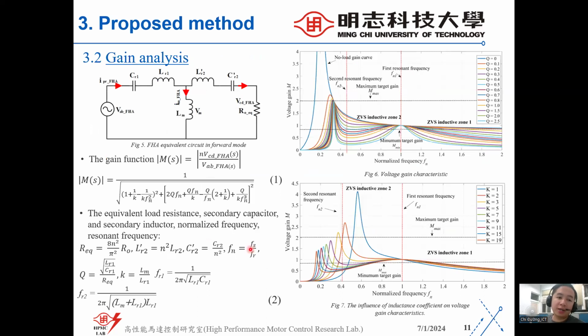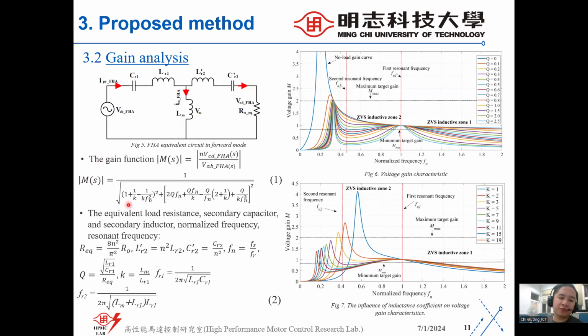And about the gain analysis, in figure 5, we have the FHA equivalent circuit in the forward mode. It is described from the CLLC circuit before, and the gain function can be derived from this FHA equivalent.